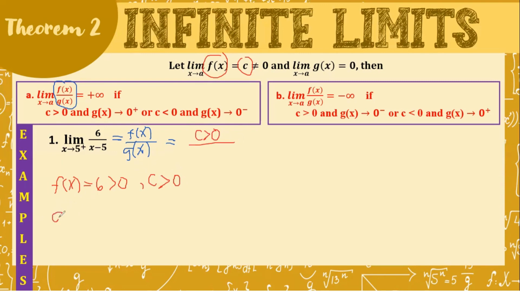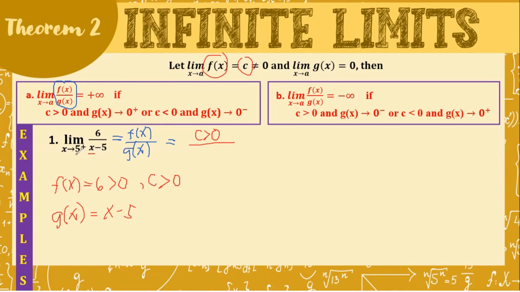For the g of x, what is the value of g of x? It is x minus 5, right? Now, since the given is a rational function, if we substitute the approach value, because we will replace the value of x.